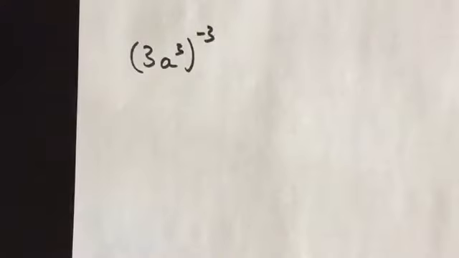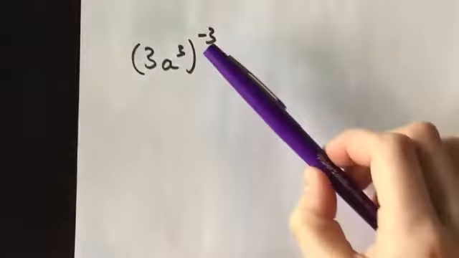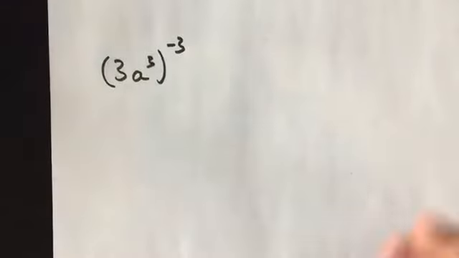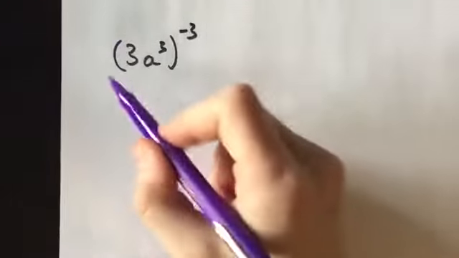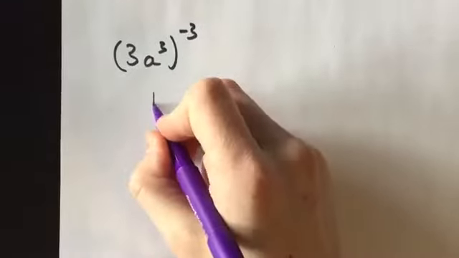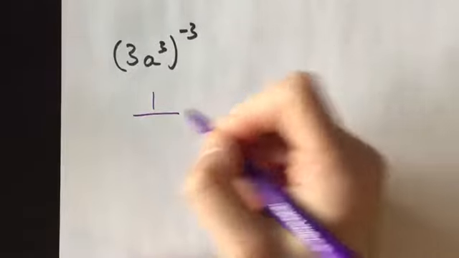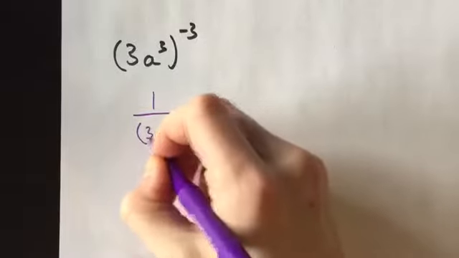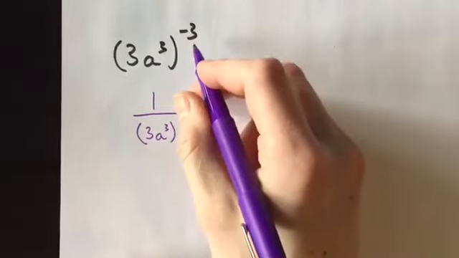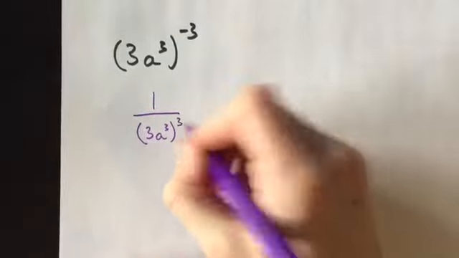Our final follow-up example is, what do we do when we have that outside exponent of -3? When that outside exponent is negative, we're going to deal with that first. So we're going to take the entire expression here, the whole thing in parentheses, and move it down into the denominator of our fraction. We keep it in parentheses, and then that outside negative exponent just becomes positive.